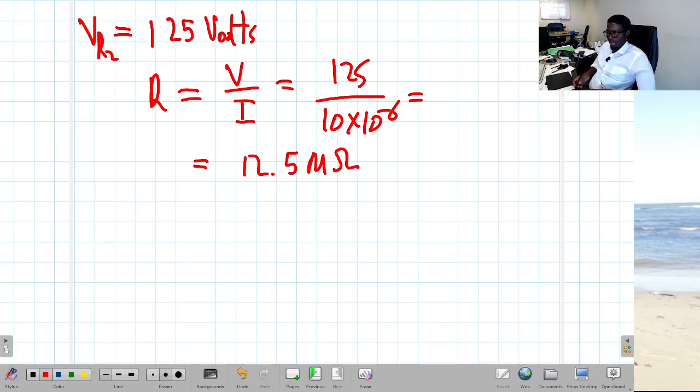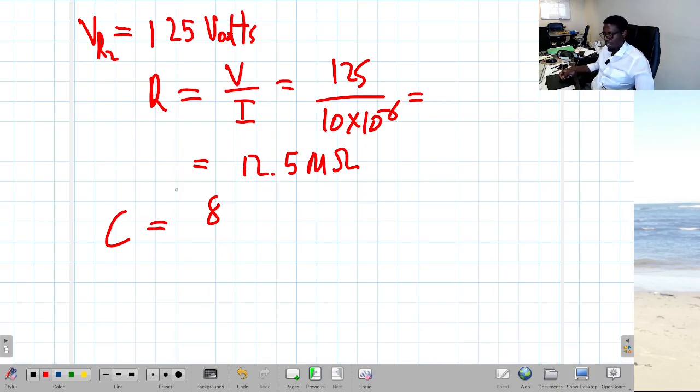Okay, and then utilizing this resistance value, we know that we have been told the RC time constant in the circuit is 8 seconds. So we can now use that to determine the capacitance, using the time constant over the resistance.